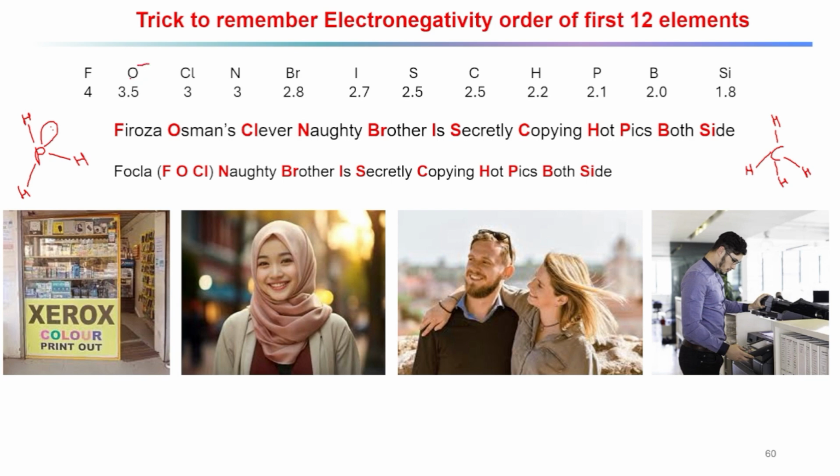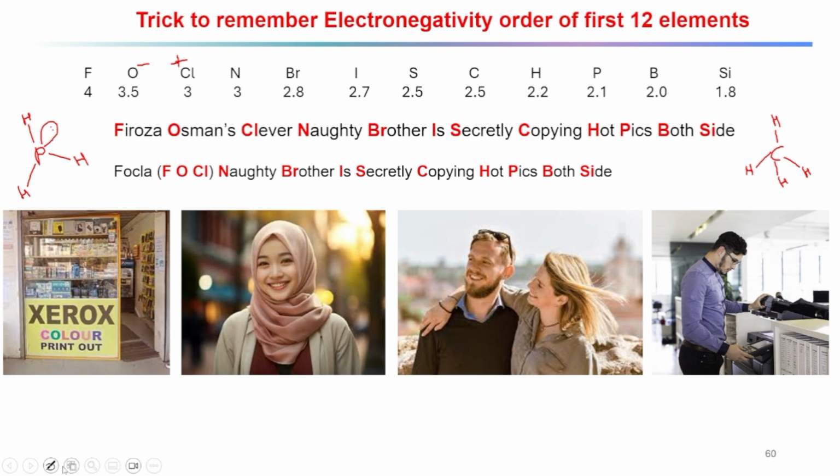For example, if there is a bond between oxygen and chlorine, O will be minus and chlorine will be plus, because the electronegativity of oxygen is higher, so it will take the electron and become O minus, whereas chlorine, which has lesser electronegativity compared to oxygen, will become plus.